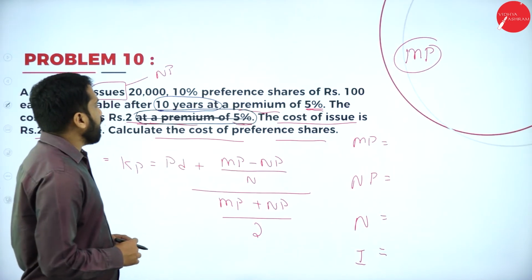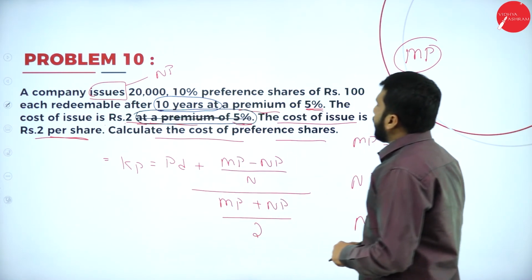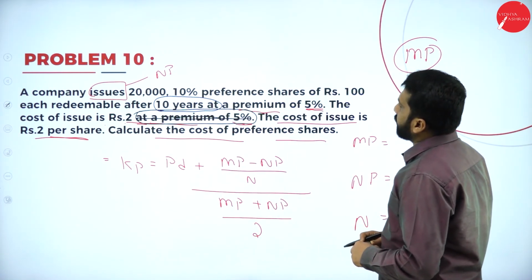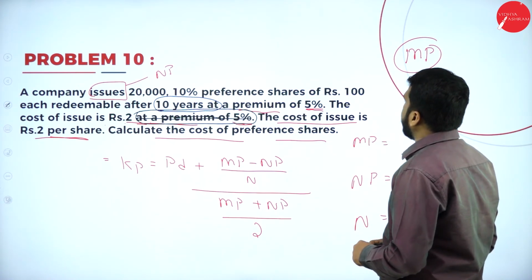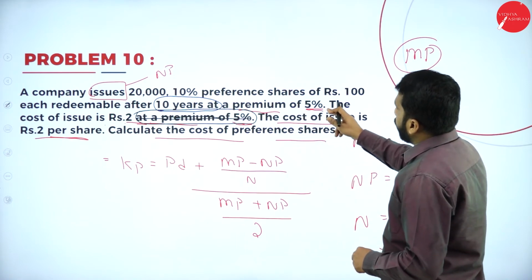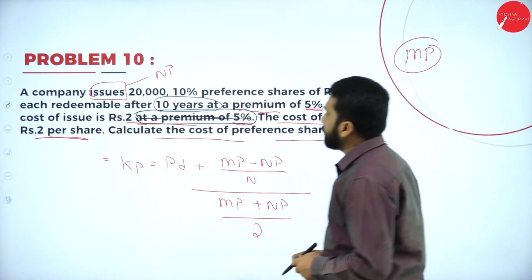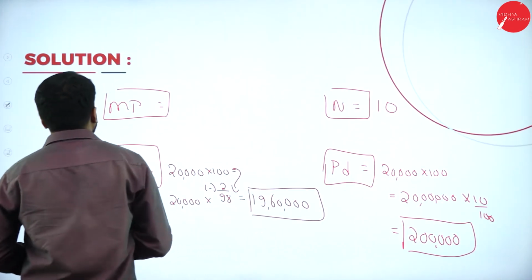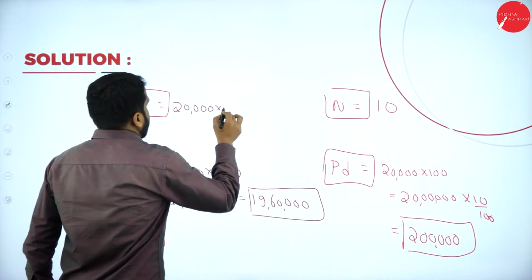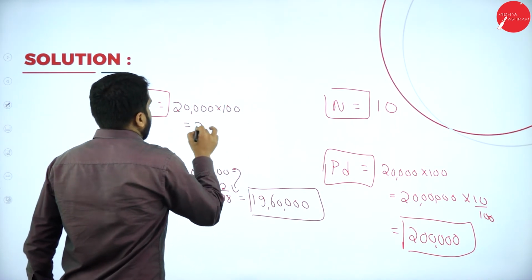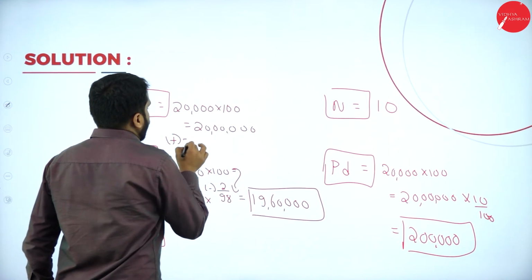Now, I'll go back to your question. A company issues 20,000, 10% preference shares of rupees 100 each, redeemable after 10 years at a premium of 5%. Now, again same procedure, 20,000 multiplied with 100, it will be 20 lakh plus premium of 5%.